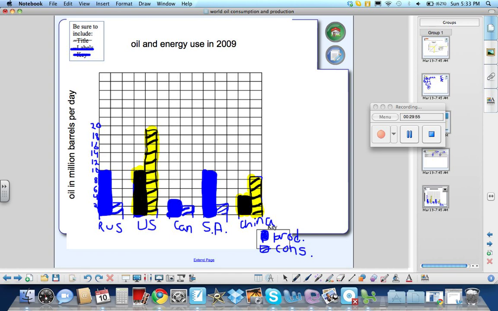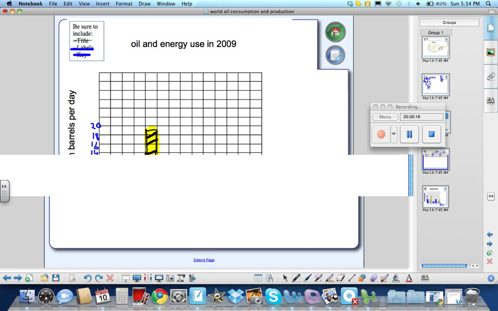And the last question is number 5. In the United States, what is the difference between consumption of oil and production of oil? Difference. Think about what operation would you use to answer that question. What does difference mean? I hope you thought of subtraction. So what you're going to do is go back to your table.